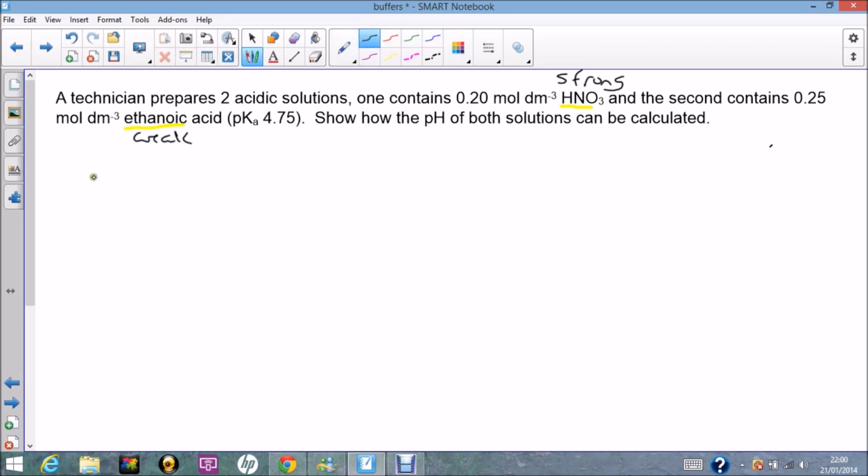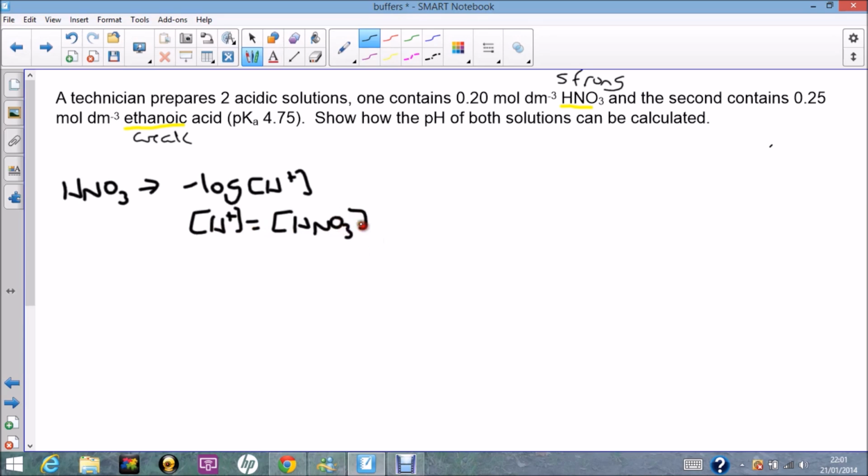So for a strong acid, we can use minus log of H+. Remember that H+ equals the concentration of the acid. This acid's only got 1 acidic proton, so we're fine with it as it is. So the concentration of H+ ions is 0.2 moles per decimetre cubed.